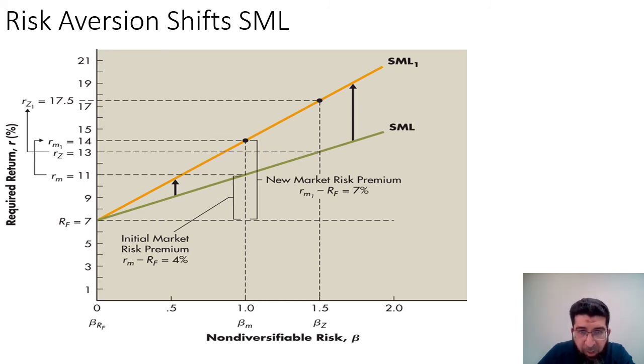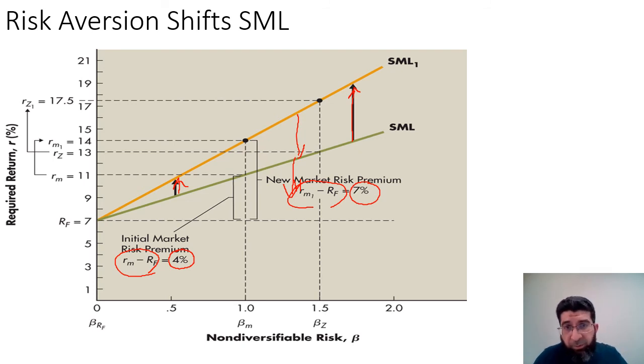So if the market risk premium was previously 4% and it increases to 7%, the market is demanding more return for the same level of risk, and the line will shift upwards. Similarly, if the market risk premium falls, it will come back to this level or a level below. So risk aversion also helps the SML to shift up and down. And this is the second case that we need to remember.